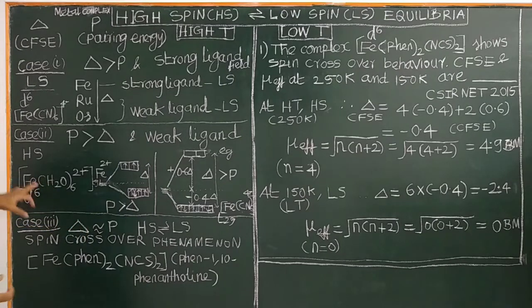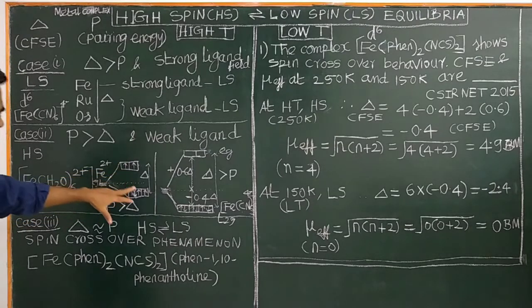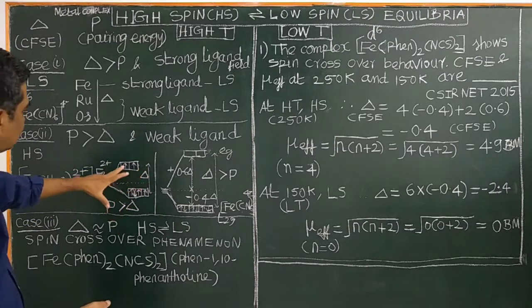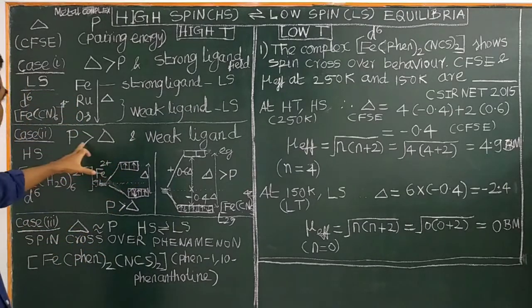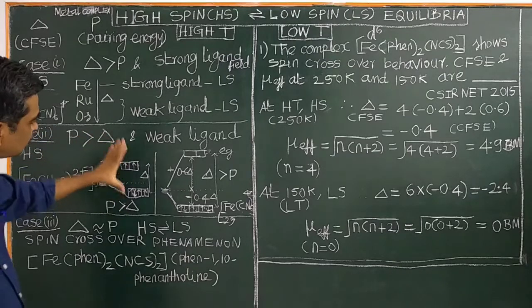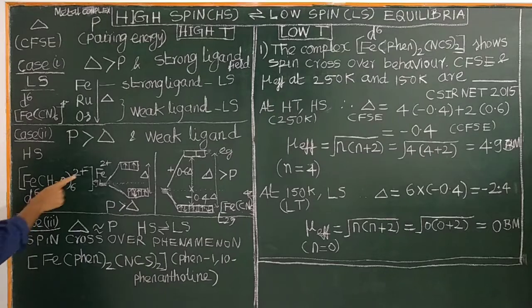For example, iron in a weak field ligand splits into 2 levels, t2g and eg, and the crystal field splitting is very, very small. The pairing energy is greater than the crystal field splitting. Therefore, there are 6 electrons, similarly, in the +2 state.